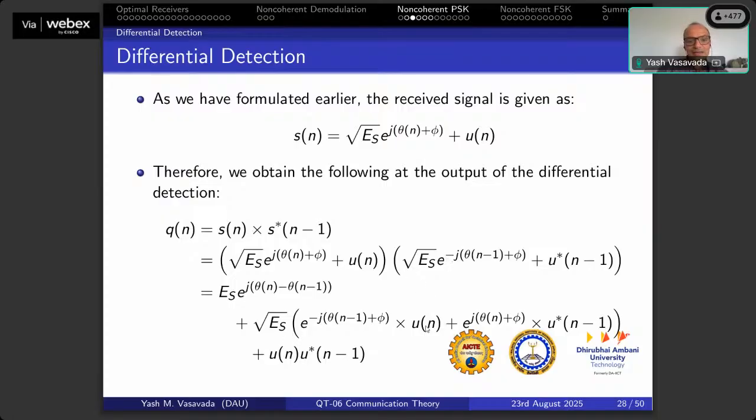The second two terms are both square root of ES times some complex phasor times U of n. This term gets multiplied with U conjugate of n, U of n gets multiplied with this term. And then the last term is U n times U conjugate of n minus 1. So basically, this Q of n will have these four components.